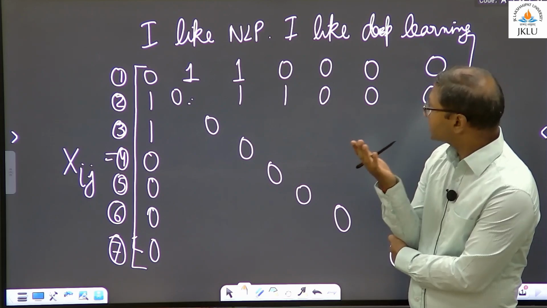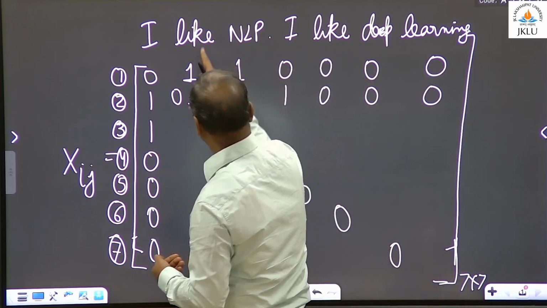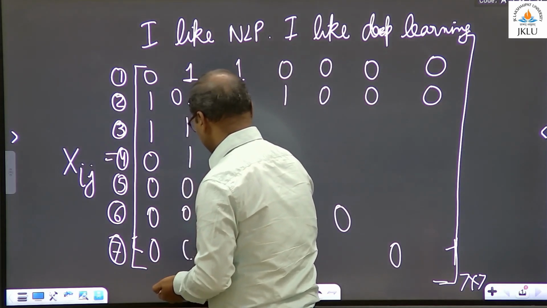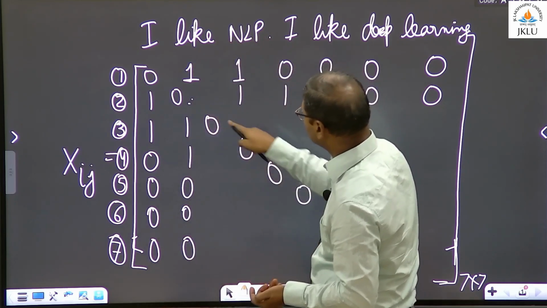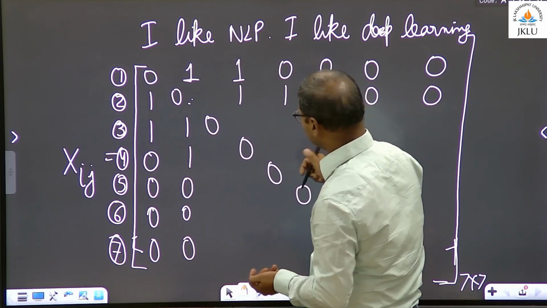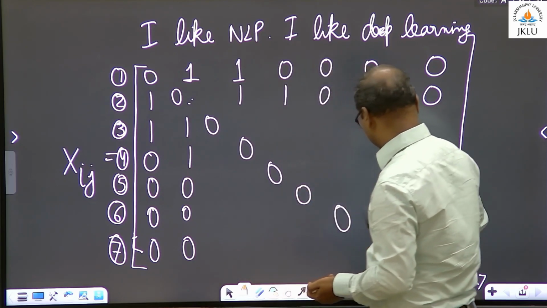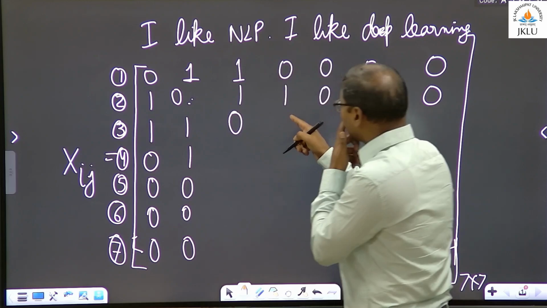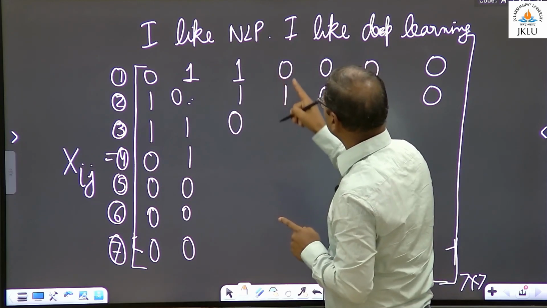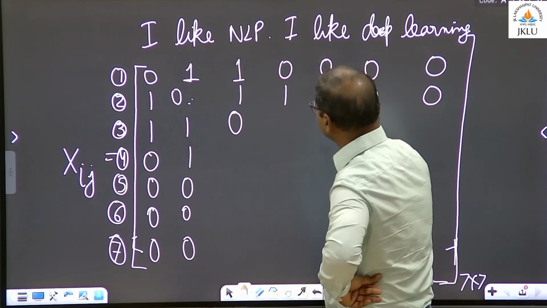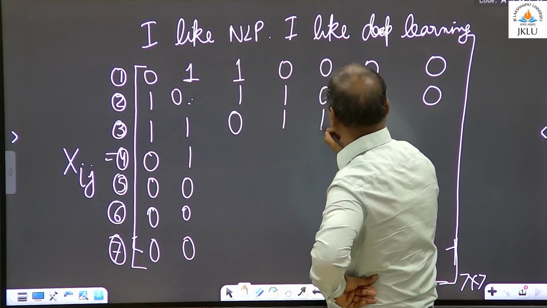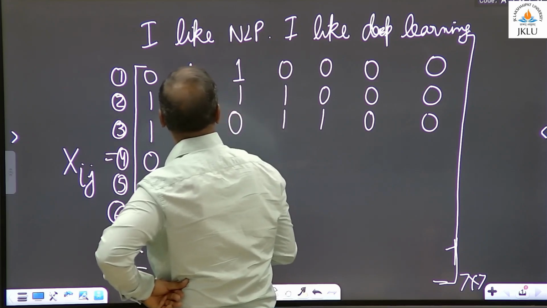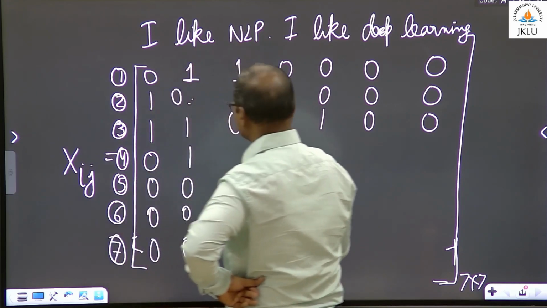Yes, so let us try to come there. So NLP, will it be symmetric? Yes. 0, 0, 0. What about when NLP is the center word? This 0 is gone there. So zero, and then what about here? NLP in the context of I. Okay, what next?